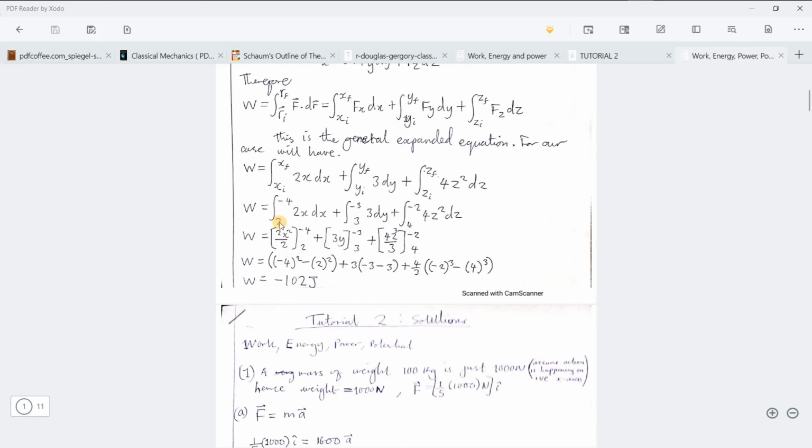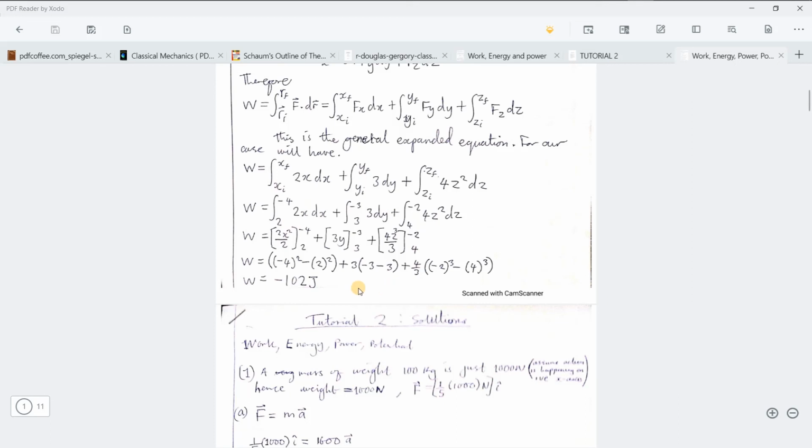Plus 3y. Why is it 3y? Because when we integrate 3, it's a constant, we just get 3y, with limits running from 3 to minus 3, plus integrating 4z squared, we get 4z cubed over 3, with limits running from 4 to minus 2.